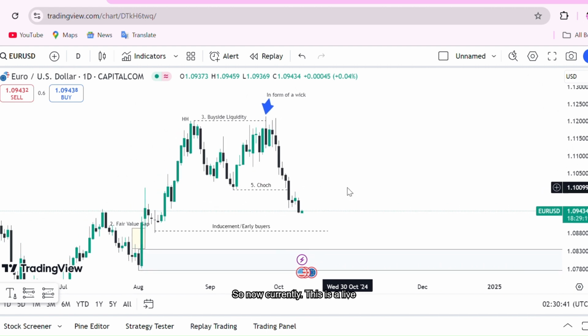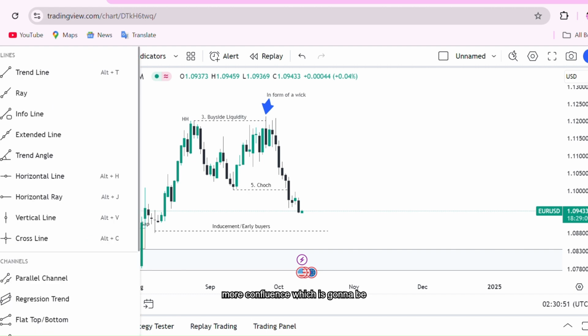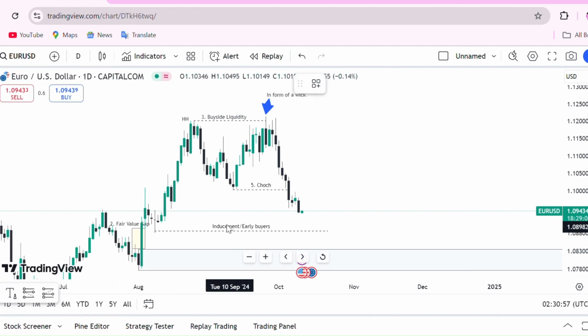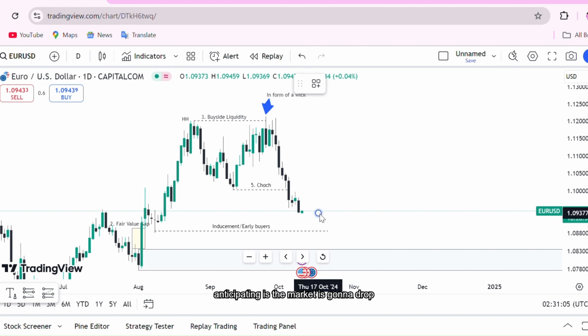So now currently this is a live market and this is where we are so far. We need one more confluence, which is going to be displayed once we get into our demand zone or order block zone, right? What I'm anticipating is that the market is going to drop and take out all these early buyers right here, and then approach our area, and then we're going to see sharp movements going to the upside direction, creating a change of character.